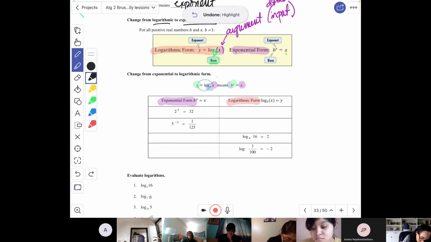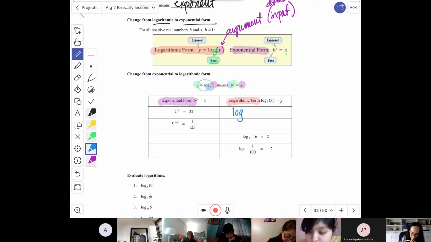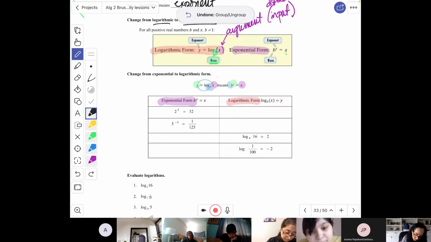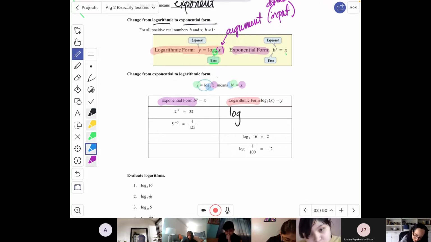Here you have been given the exponential form. You are being asked to convert it to logarithmic form. So how would I rewrite this? This would be log base what? What is the base? 2. Yes. This is log base 2. That's a subscript. It comes from here.